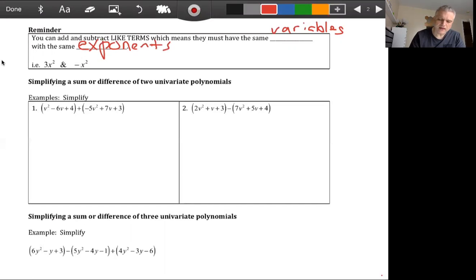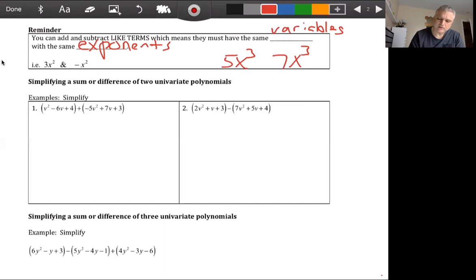So for example, if I had 5x to the third, and I had 7x to the third, well, they both have x, and they both have x to the third. So those are the two requirements that you need.